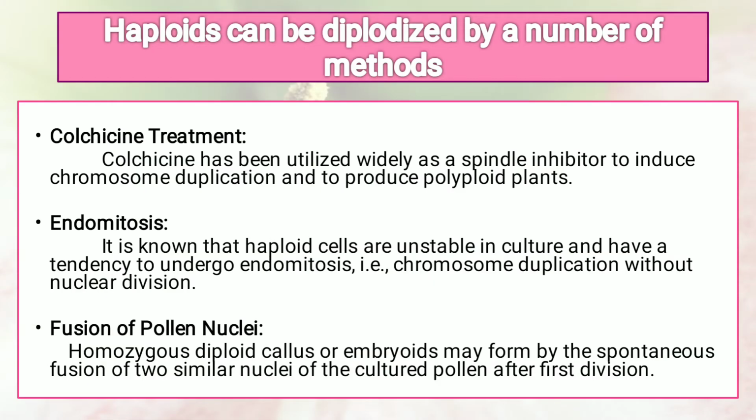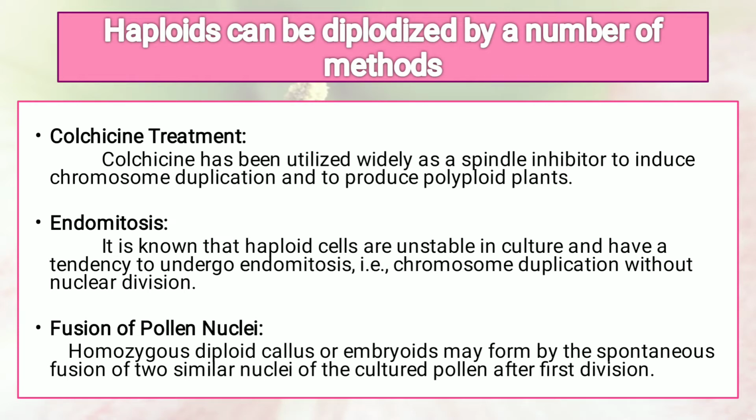Next, haploids can be diploidized by a number of methods. The first method is colchicine treatment. The second one is endomitosis. And the third one is the fusion of pollen nuclei.